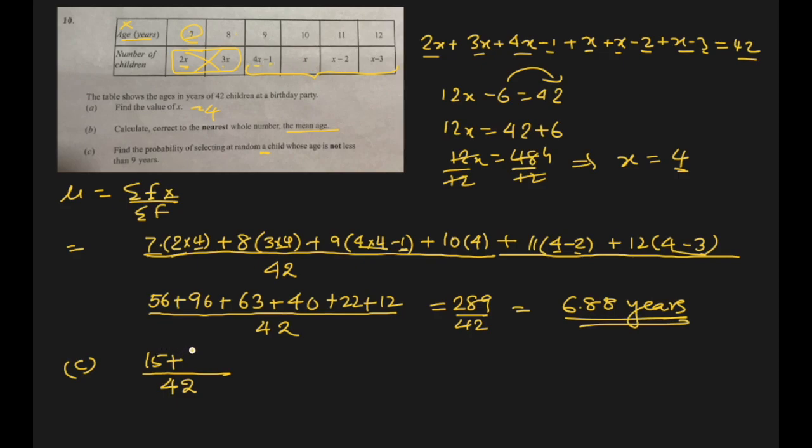Then we have 4 10-year-olds, and 4 minus 2, 2 are 11-year-olds, and 1 is 12 years old. So 19, 21, 22 over 42, cancel, it becomes 11 out of 21. This is the probability that the child is not less than 9 years old.